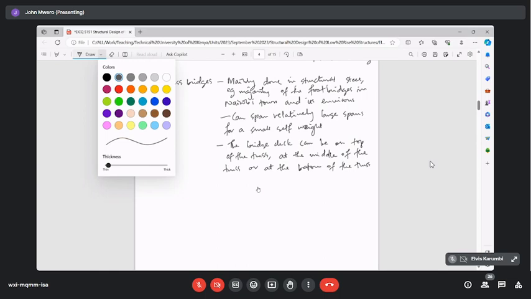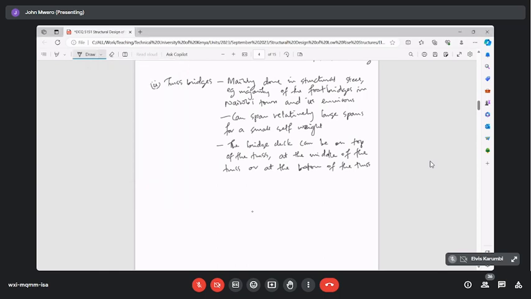Okay, so if you have your truss like that, say you have your bridge truss like that. I'll draw 3 of them.